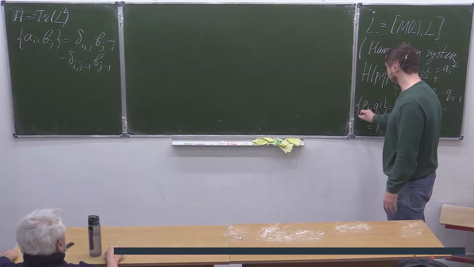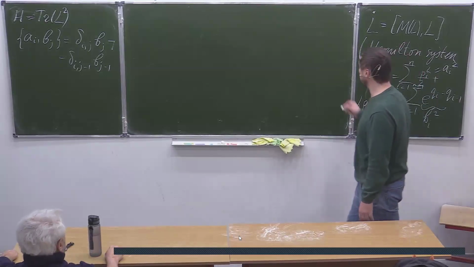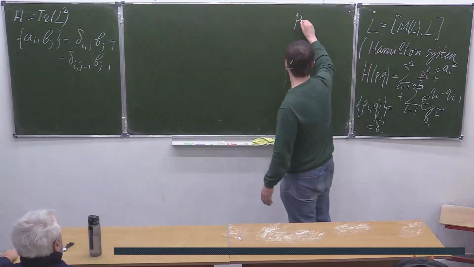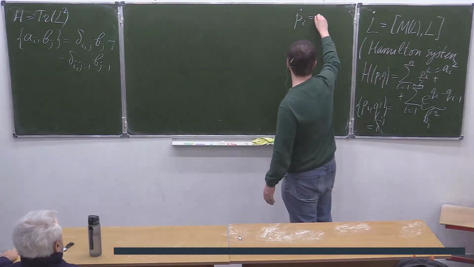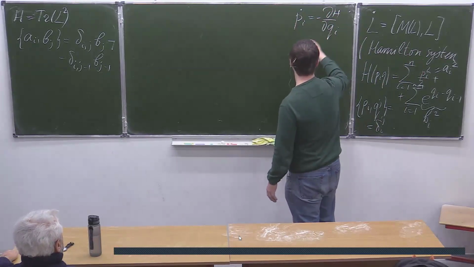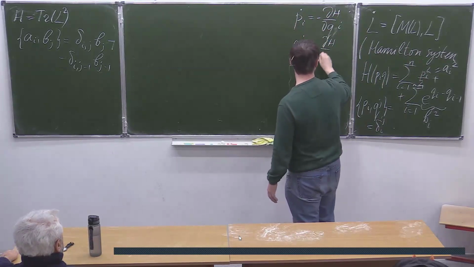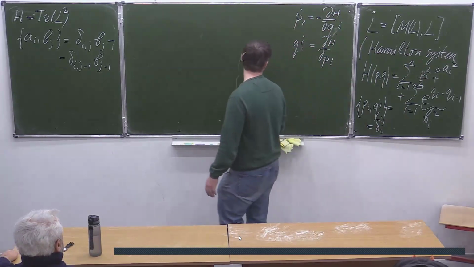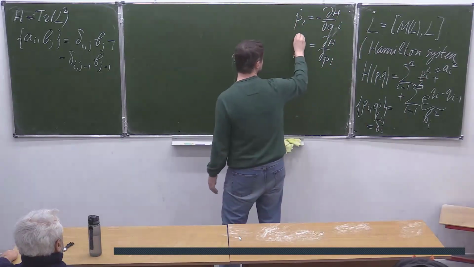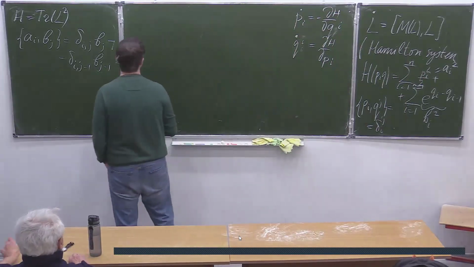You have this standard Poisson structure, and then you introduce the equation of motion by Pi dot is equal to minus dH/dqi, and qi dot is equal to dH/dPi.